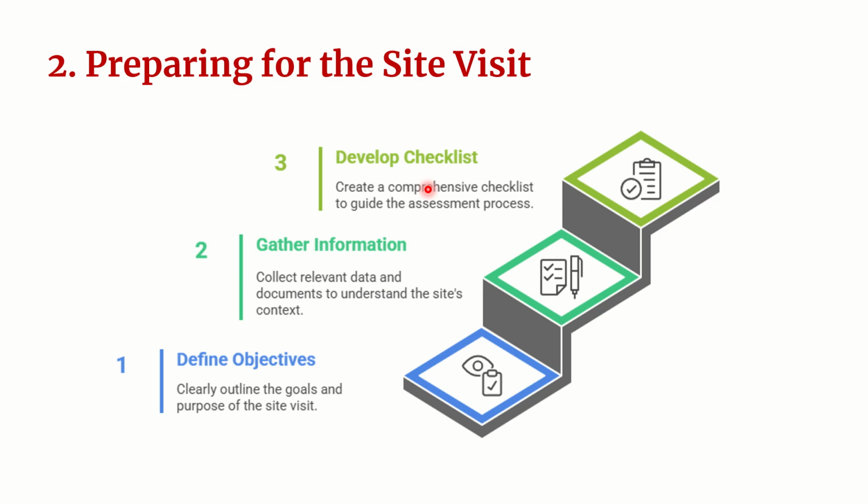Then develop a checklist. Prepare a questionnaire to create a structured list of items to observe and questions to ask. So, what kind of things can be asked, like raw material storage and handling? What are the operational conditions like temperature, pressure, flow rate, waste generation points?